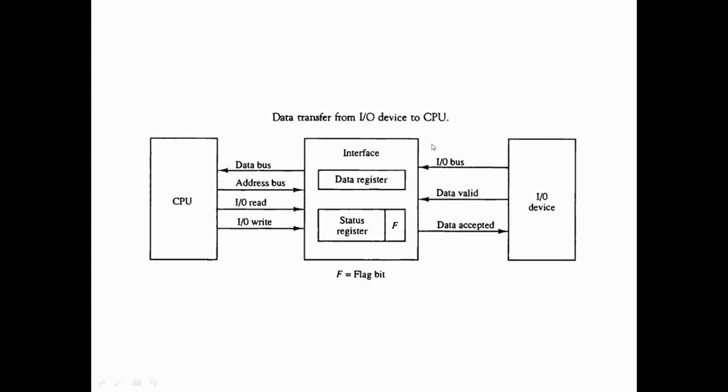We know that on one side there is an IO device, another side CPU, and there must be an interface unit in between which will help in communicating these two things. So this diagram shows how the programmed input output will happen.